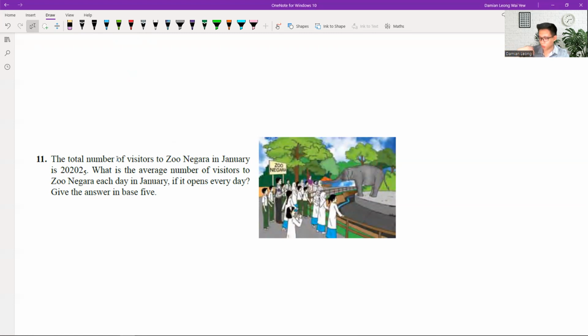So no need to complicate things or think of a special way to instantly calculate in base 5. You can always convert between your bases, because you have already learned how to convert between any base to another base. So best is to use the base 10 number that you are definitely very familiar with by now in your Form 4.